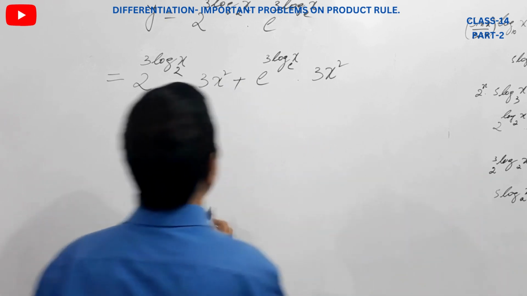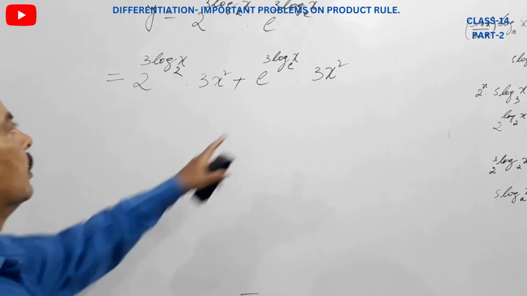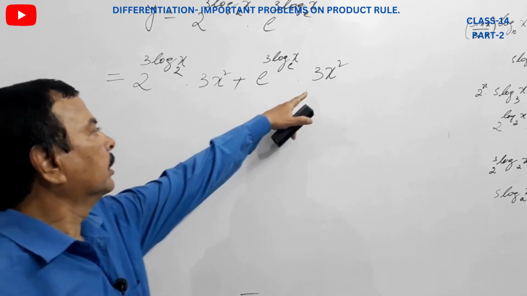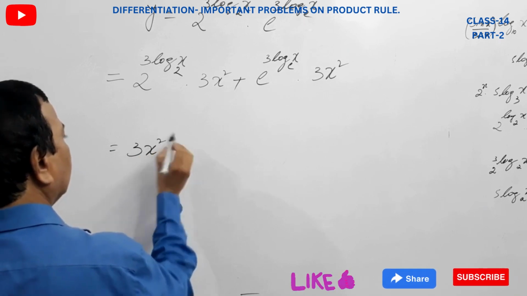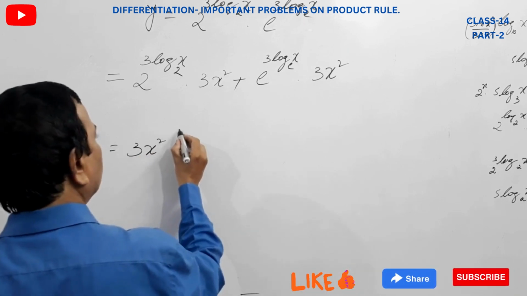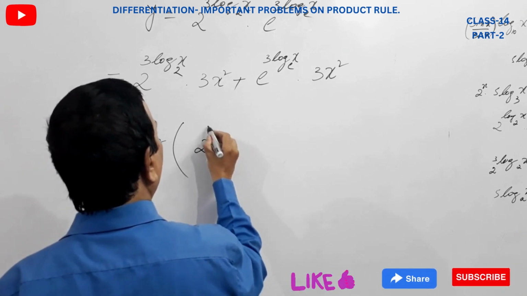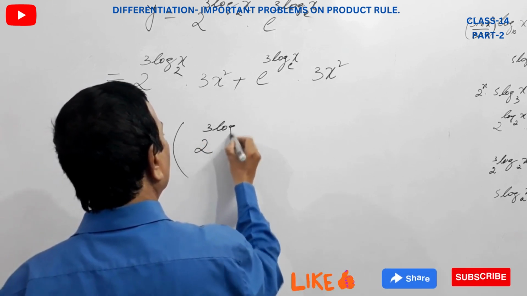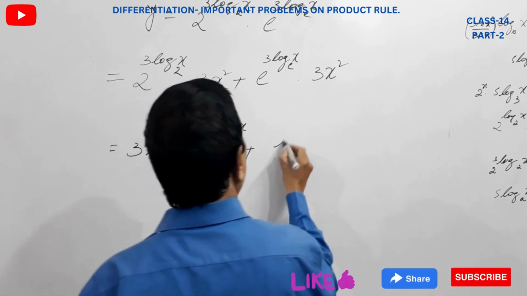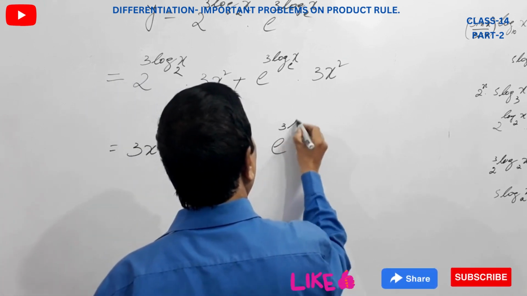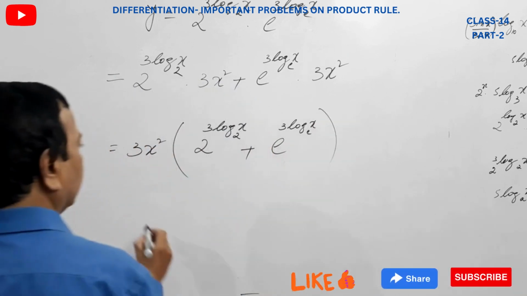So what is common here? 3x square is common. I'll take that, 3x square I'll take common. That becomes 2 to the power of 3 log x to base 2 plus e to the power of 3 log x to base e.